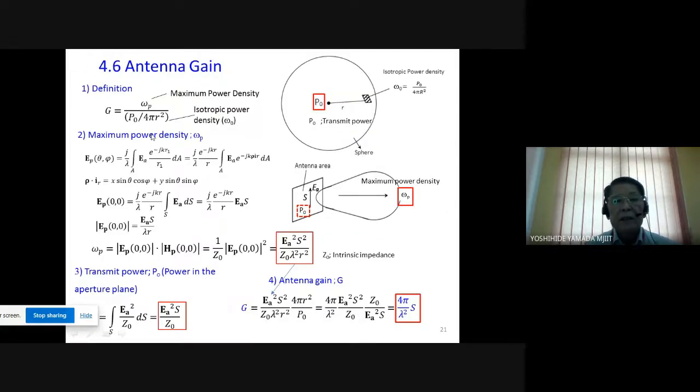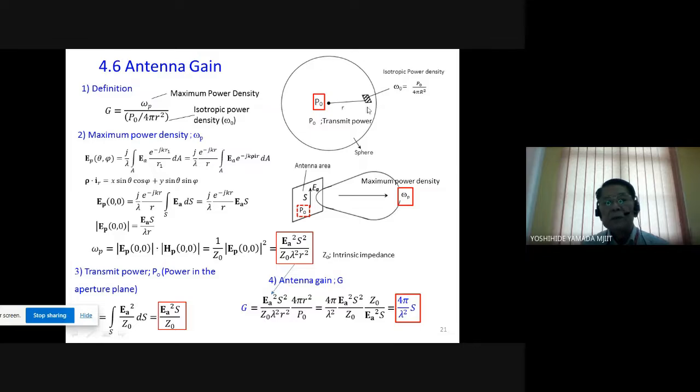And next, antenna gain. The antenna gain definition is based on this equation. This is the maximum power density at the antenna. And this part is the isotropic power density omega 0.